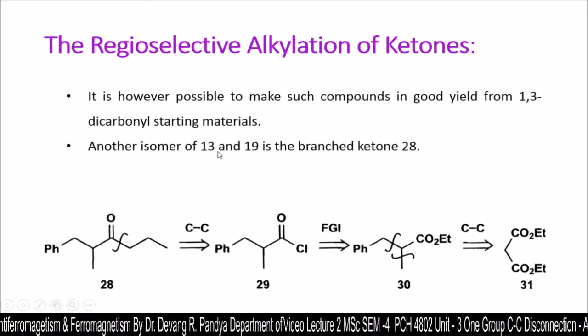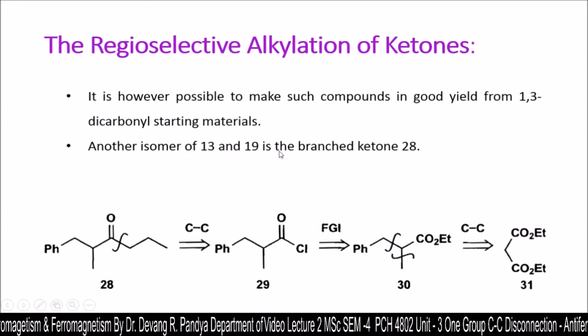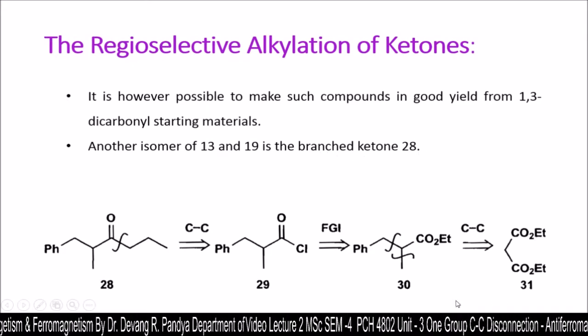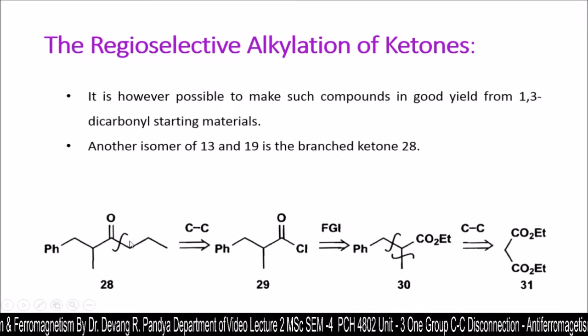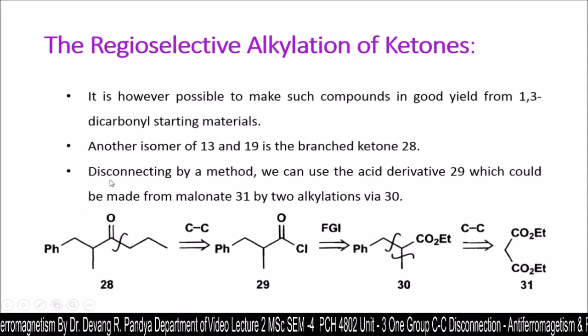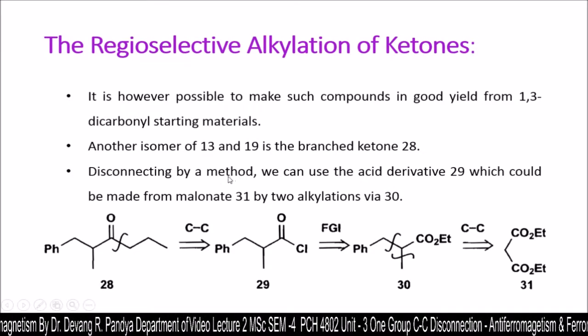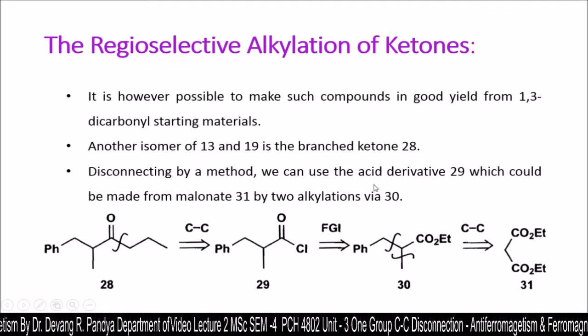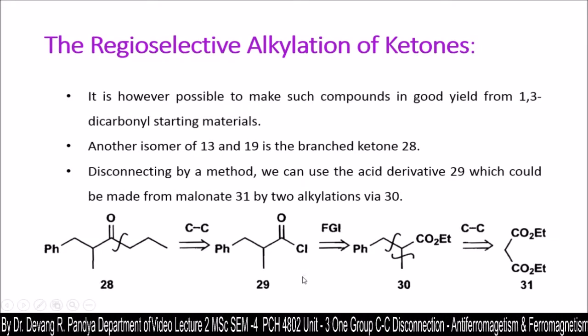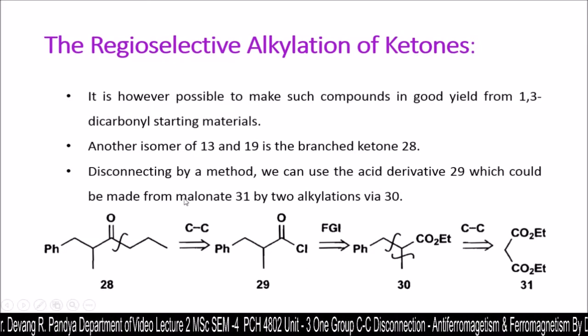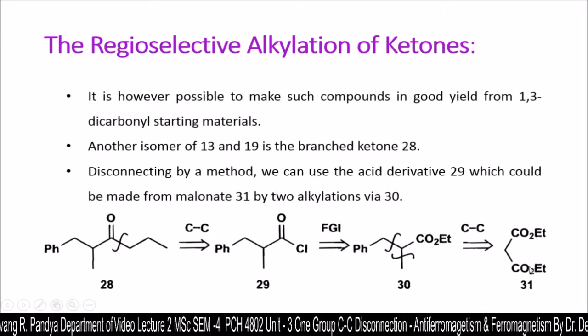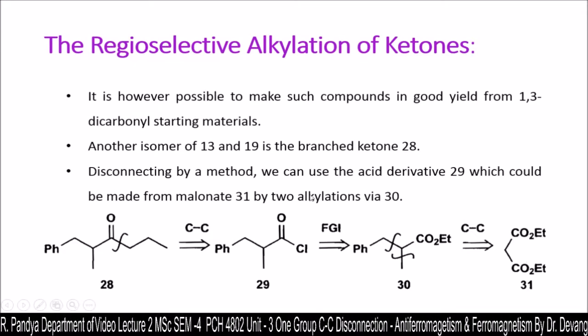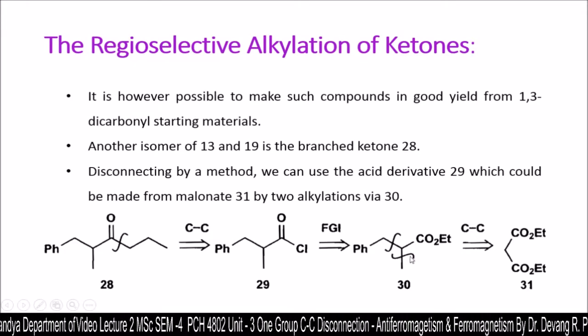Another isomer of 13 and 19 is the branched ketone, that is 28. That is also an isomeric form. Disconnecting by a method, we can use the acid derivative, that is 29, which could be made from malonate, that is structure 31, by two alkylations via 30.